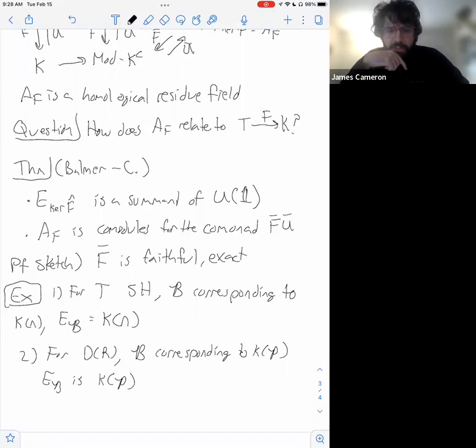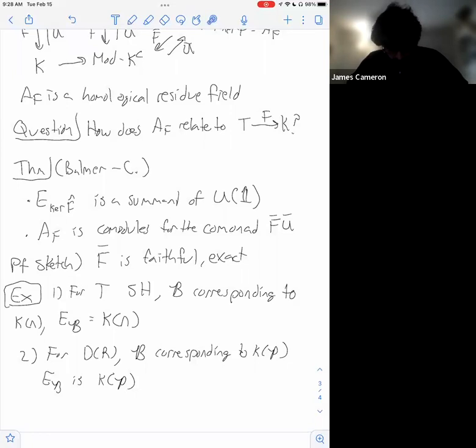So in these 2 examples, you can really have a lot of control over what's giving you these homological primes.